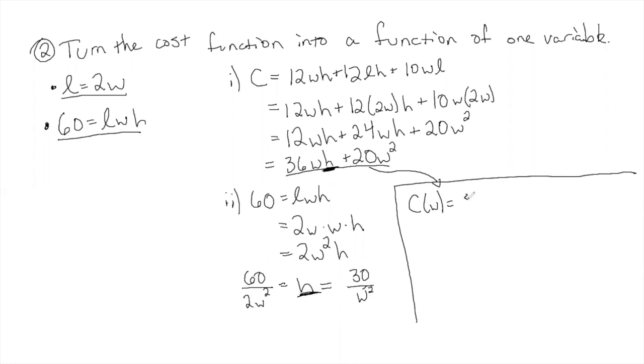Okay, so I have 36W times 30 over W squared plus 20W squared. 36 times 30 is 1080 over W, because this W and this power cancel, plus 20W squared. This is finally my cost function in terms of one variable. Great, that takes care of step 2.